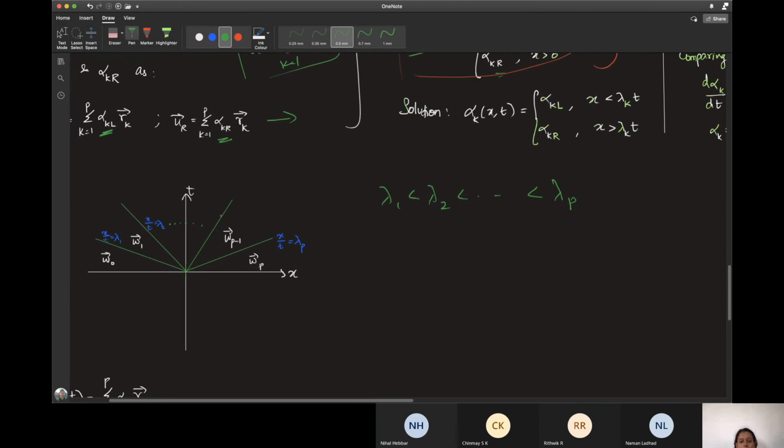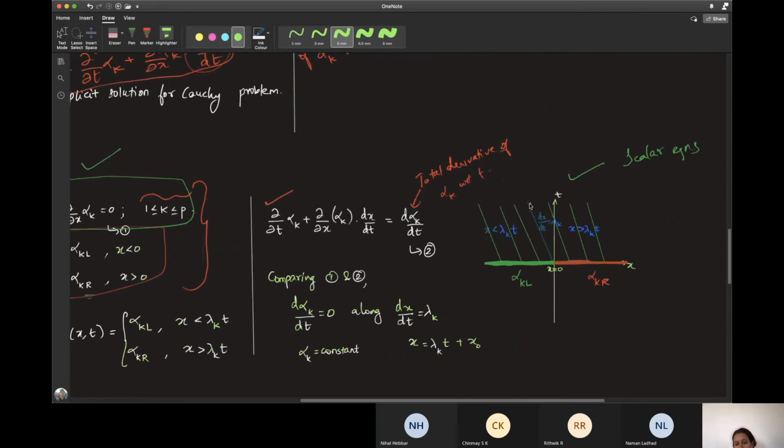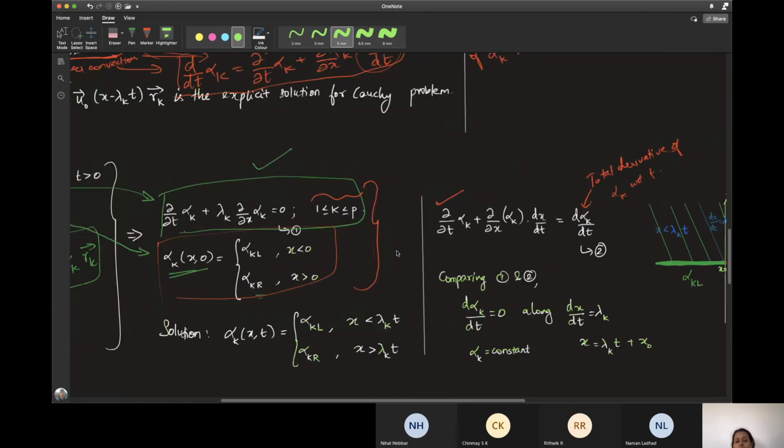And now this single characteristic here, this single line divided the solution. That is, to the left of this line we had alpha k equals alpha kl, and to the right of this we had alpha k equals alpha kr.